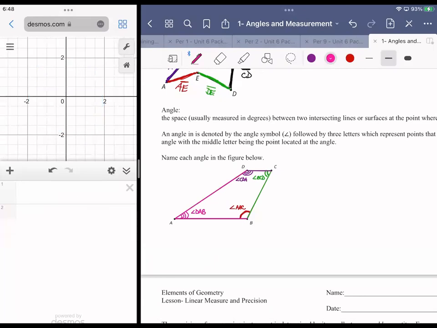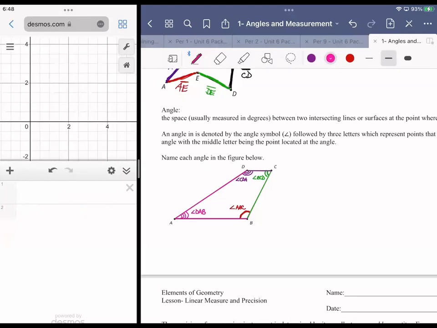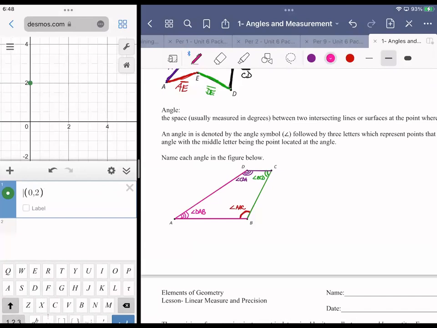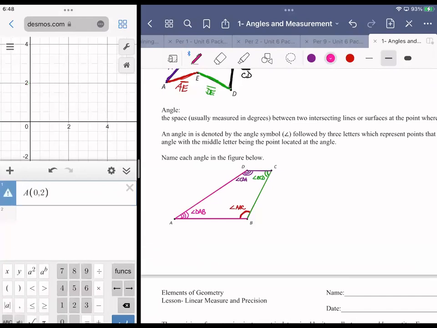I could even make a graph of a polygon, the multi-sided, closed-in figure. If I wanted to plot some points, let's say 0, 2, I call that point A, just for the sake of having a name for it.